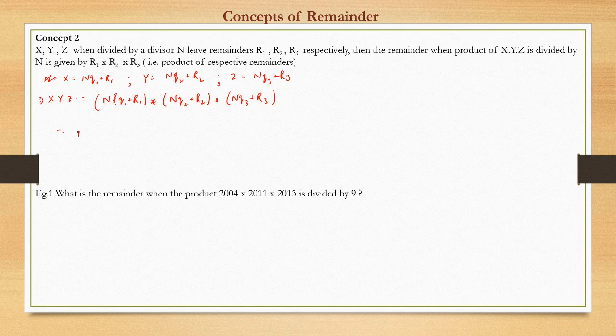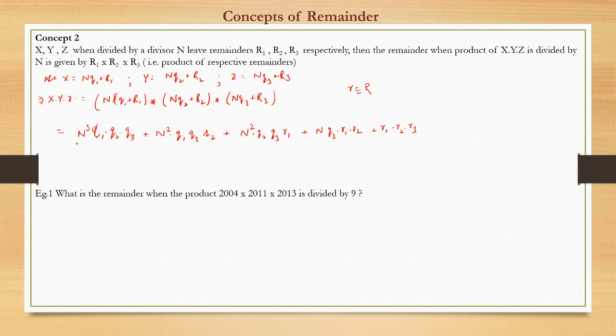This is nothing but n cubed q1 into q2 into q3, plus n squared into q1 into q3 into r2, plus n squared into q2 into q3 into r1, plus n q3 into r1 into r2, plus r1 into r2 into r3, where small r is the same as capital R, right?